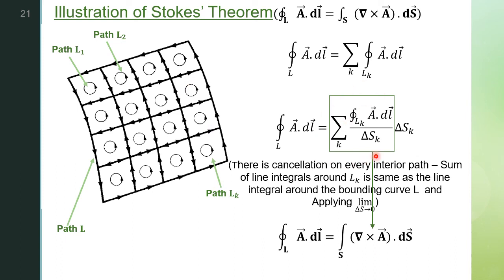That is why this entire term can be reduced to the integral over S of del cross A dot ds, and this area tends towards 0. So that is why this reduces to the curl. So we get the expression for Stokes' theorem.